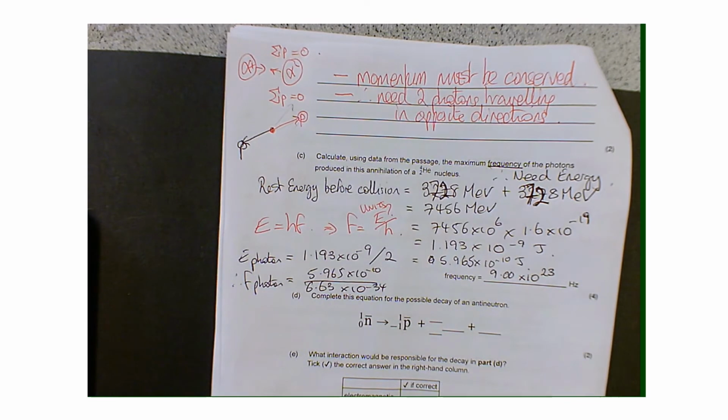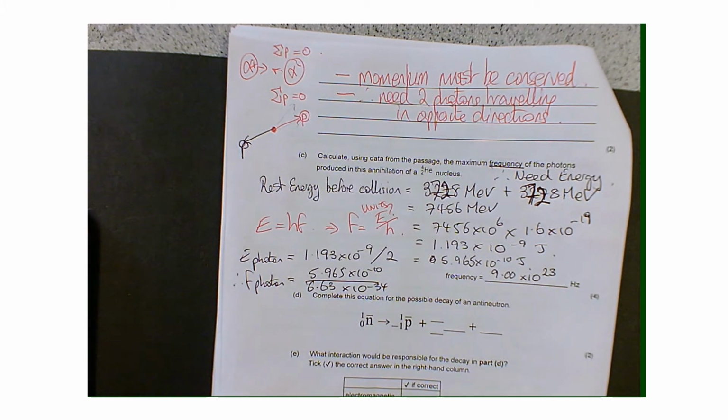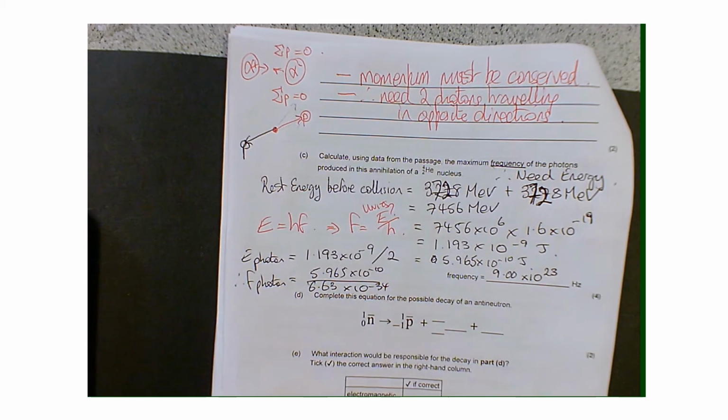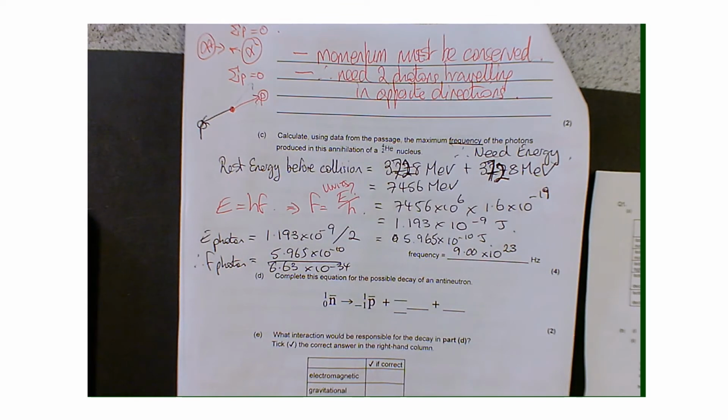So that multiply by 2 step and then divide by 2 step has to be shown in your workings. Even though it means we're doing extra steps in our calculation, you must show that when you're doing this annihilation question. Any questions about that? Because it's a little bit of a strange calculation in some ways. Everybody okay with that?